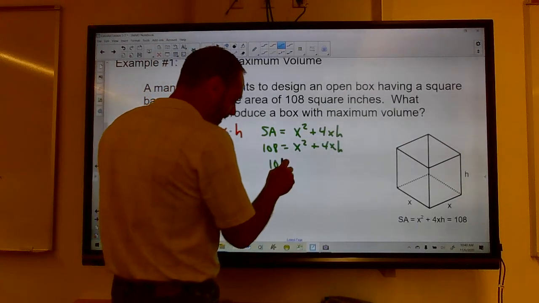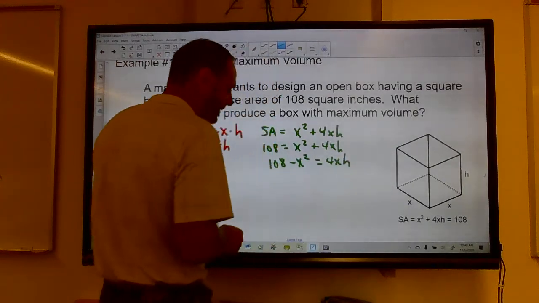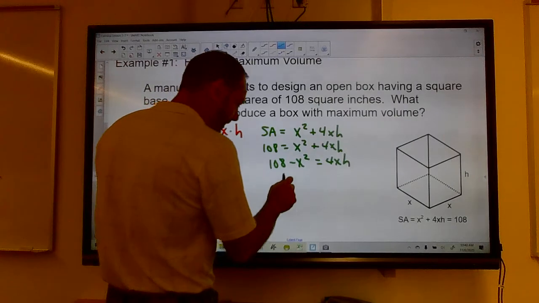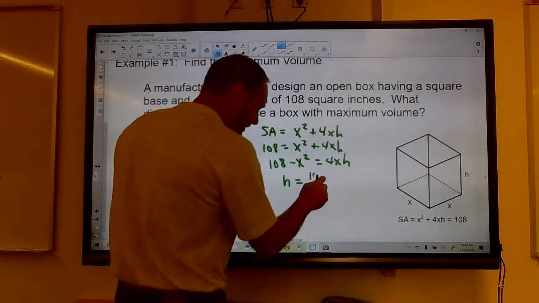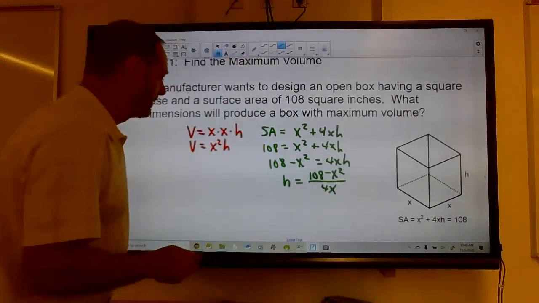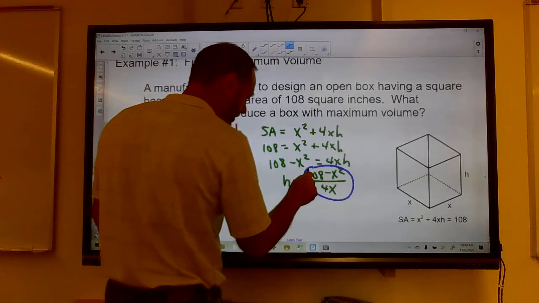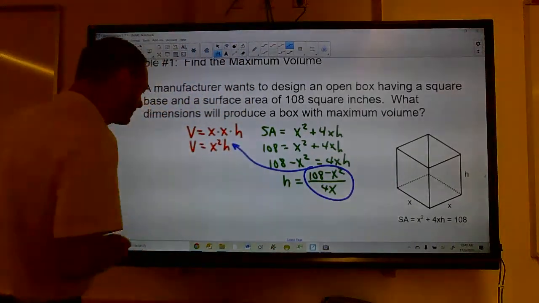So 108 minus x squared will equal 4xh. And then I divide by 4x, so h is going to equal 108 minus x squared over 4x. And I can take that equation and substitute it into this one.